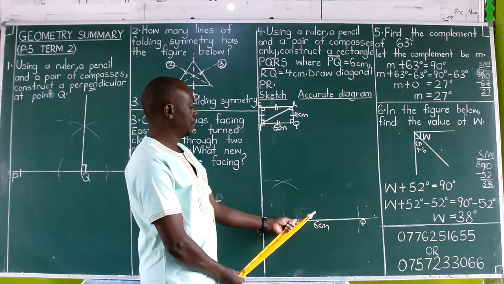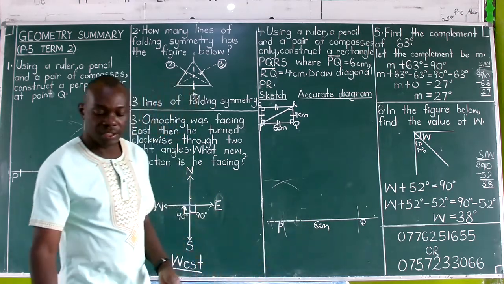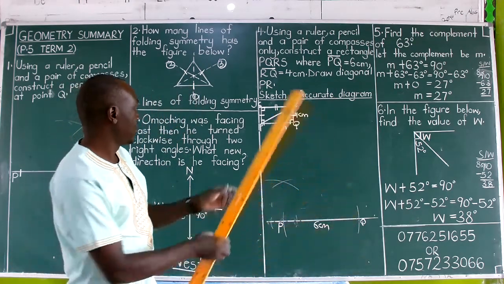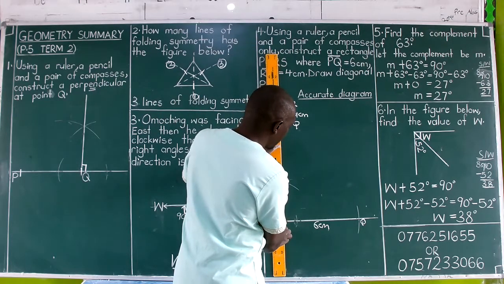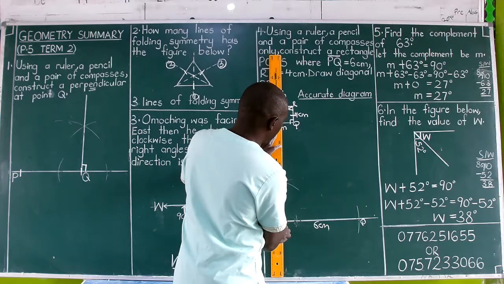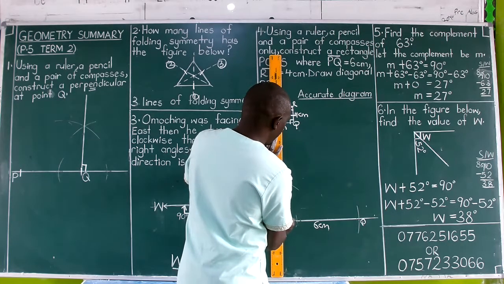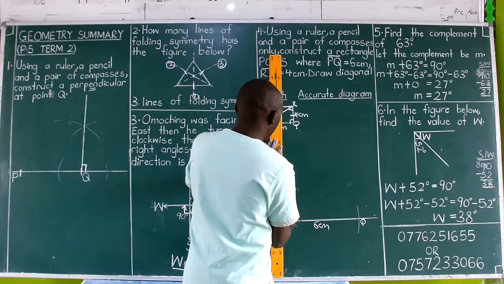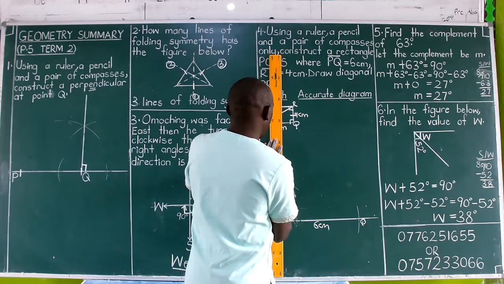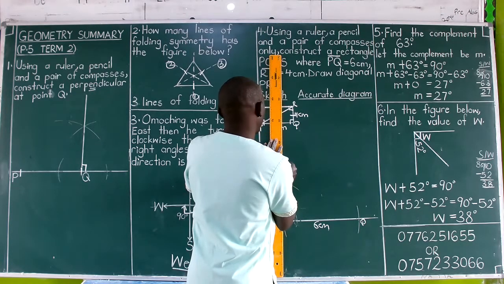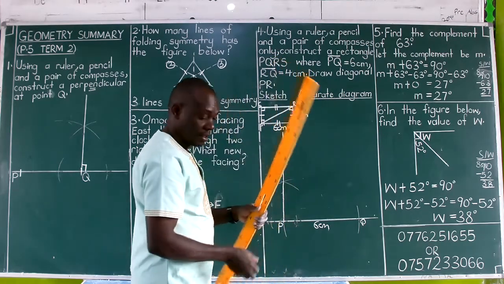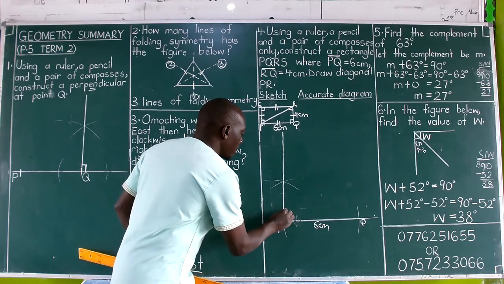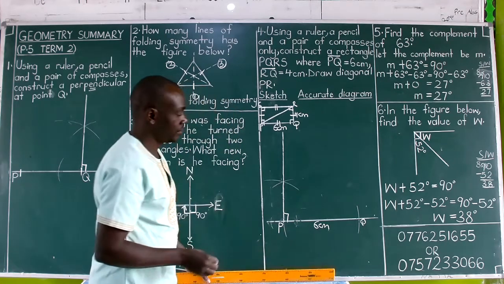I assure you, this is accurate, 90. Get a ruler and connect through the intersection of the arcs. Please draw properly through the intersection of the arcs and go as high as that. Okay, and show that this is my right angle.